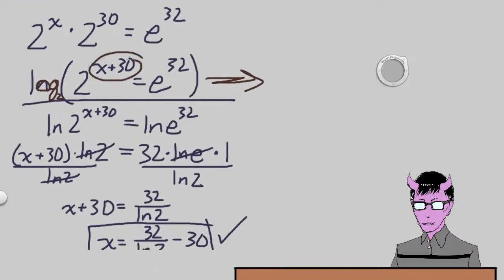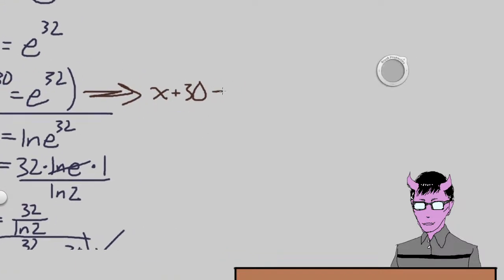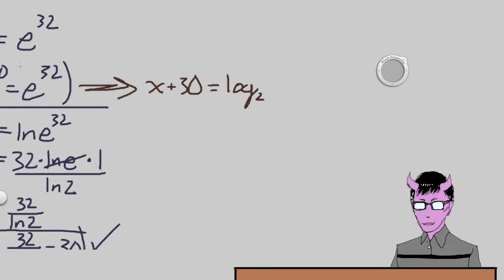That one I will shortcut. This one, exponential slammage. And since this is base 2, it cancels with base 2, so thereby we're only getting x plus 30, a clean number on the left hand side, and then the right hand side is not so clean. Again, log base 2, e to the power of 32.